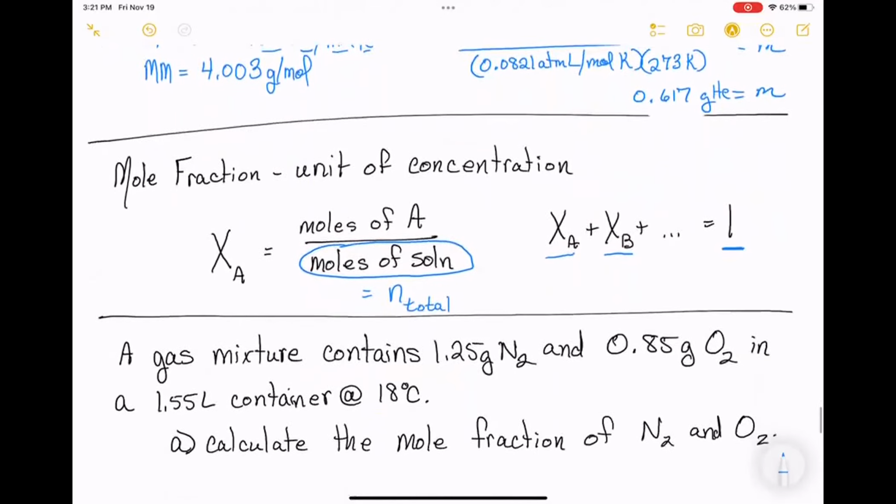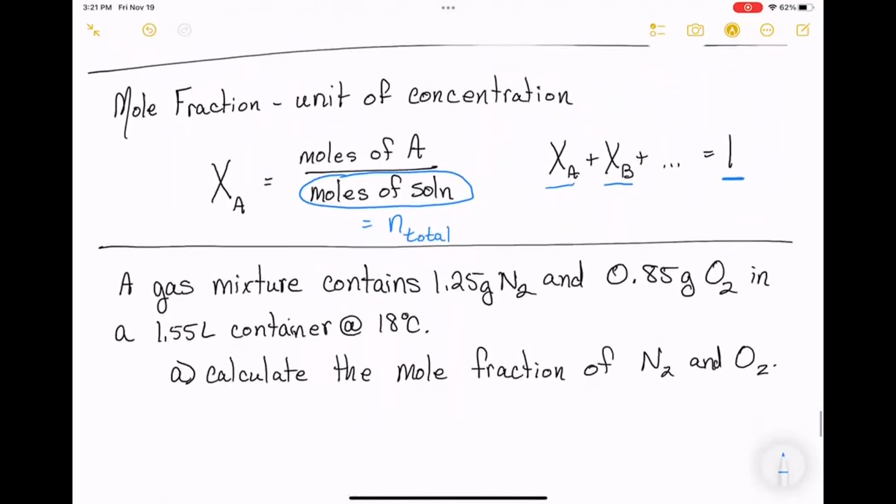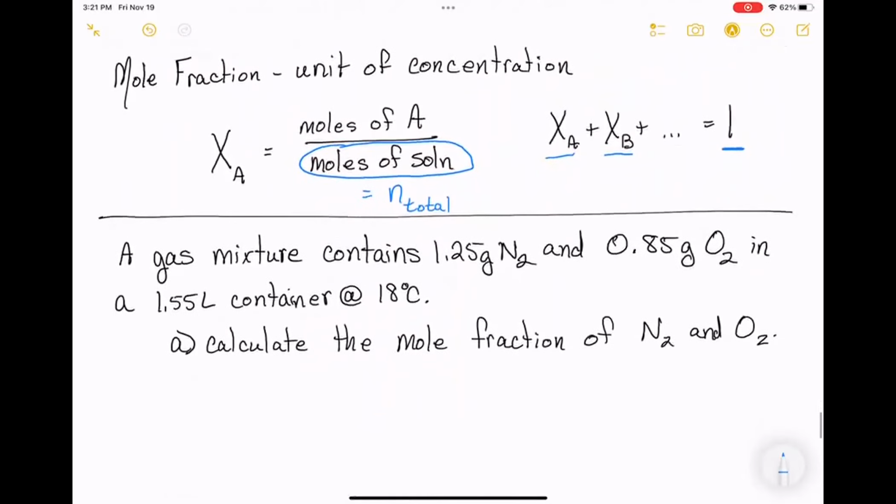So let's look at an example. A gas mixture contains 1.25 grams of nitrogen and 0.85 grams of oxygen in a 1.55 liter container at 18 degrees Celsius. Calculate the mole fraction of nitrogen and of oxygen.